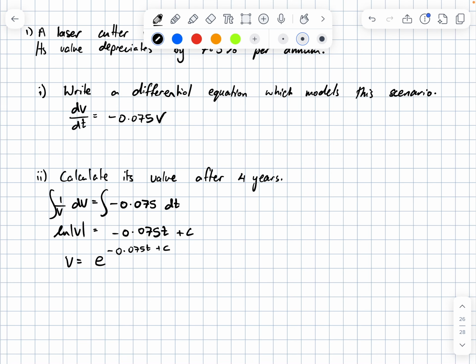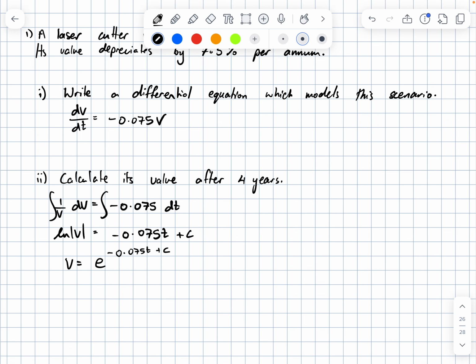Now we looked at this in the previous video, but that can be written as e to the power of negative 0.075t times e to the power of c, which simplifies to V equals A e to the power of negative 0.075t.